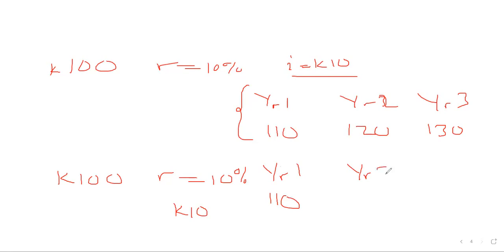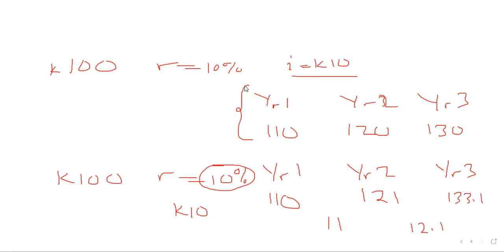However, in year 2, 10% will now not be on the 100, but on this accrued figure. So 10% of 110 is 11, and the future value will be 121. And in year 3, we calculate 10% of this 121 to get 12.1. When we add that, we get 133.1.